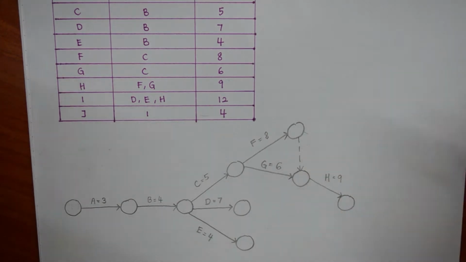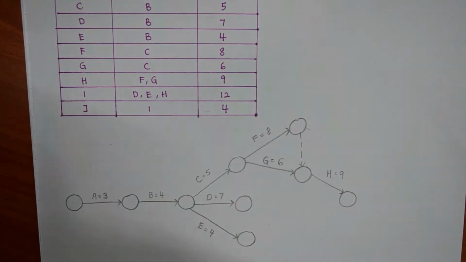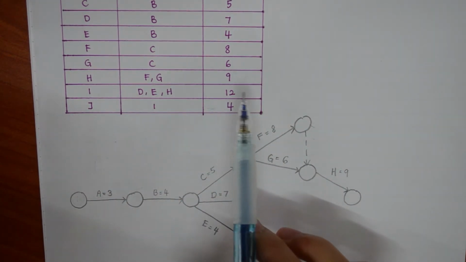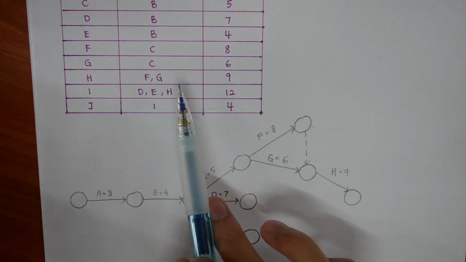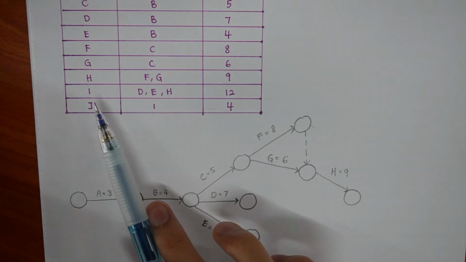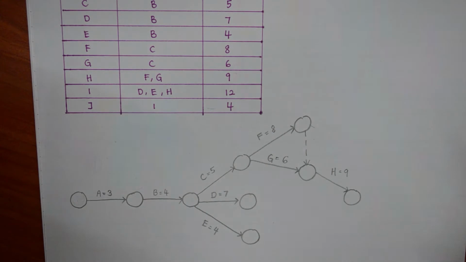Okay. Now we look at I. It also has more than one predecessor, but this time it has 3 activities preceding it. So, as we can see, I begins where D, E, and H end. So, D ends here and E ends here.